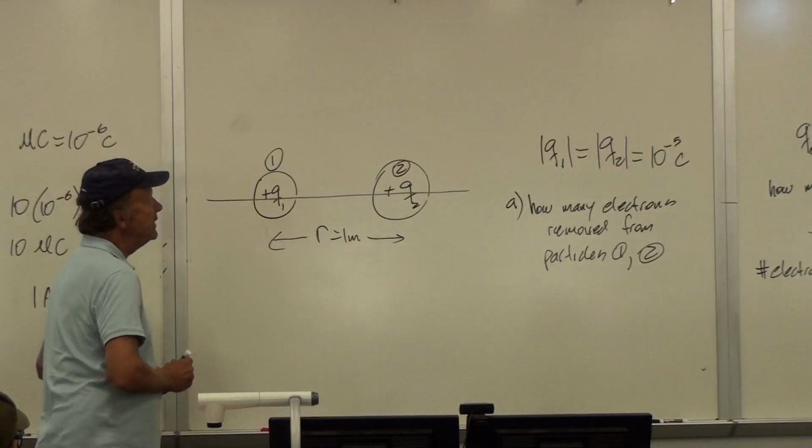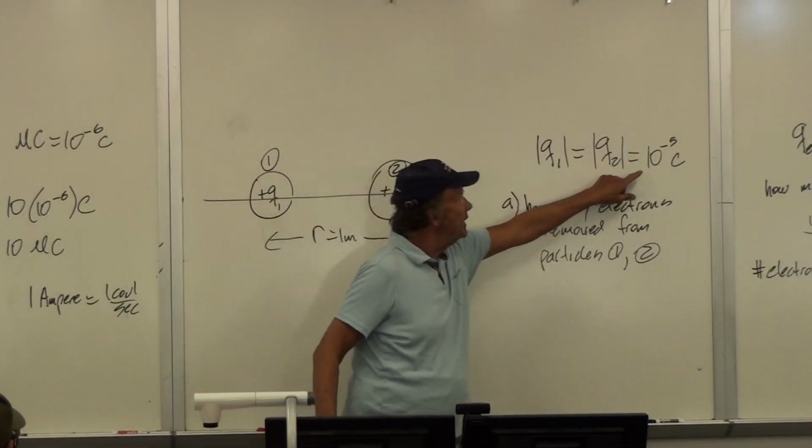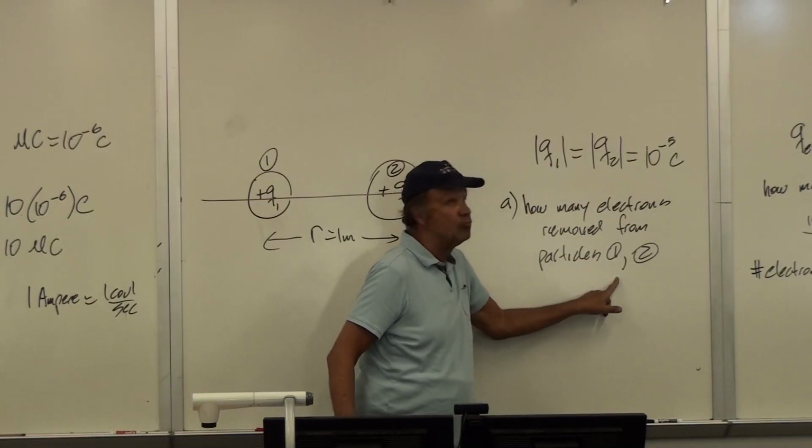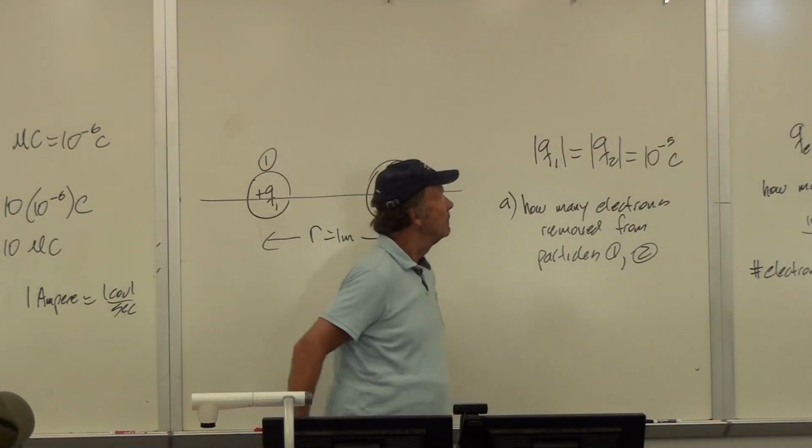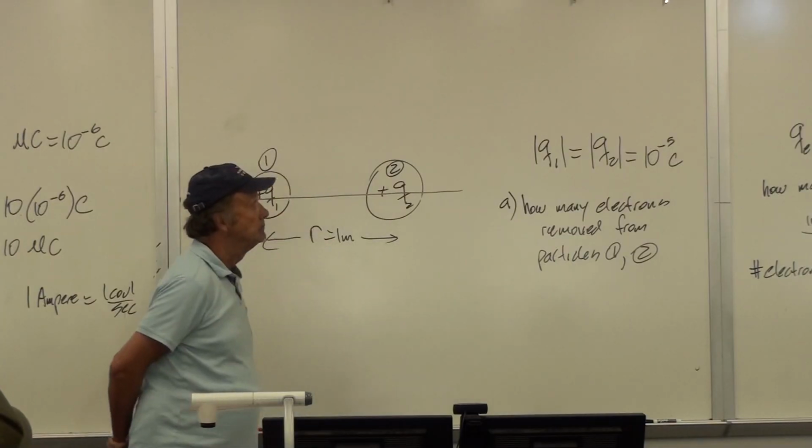Okay, so if that's the case, then what about 10 to the minus 5 coulombs? How many electrons are removed?